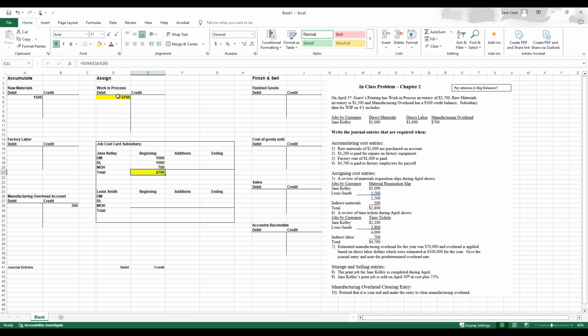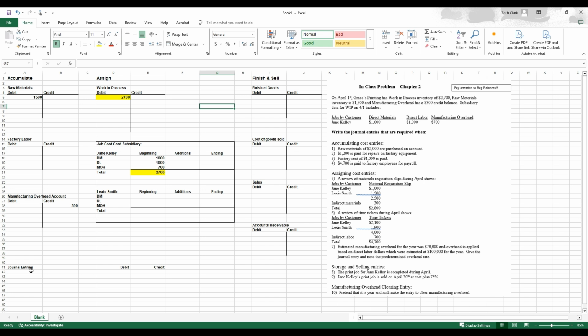So really this is the sum, the high level aggregated balance. And if you drill down into the detail below that, we can see what it's made of. So it's made of one job, and it's broken out into these three components in this way, essentially, right? Okay. So cool. So we've got all our beginning balance stuff in here.